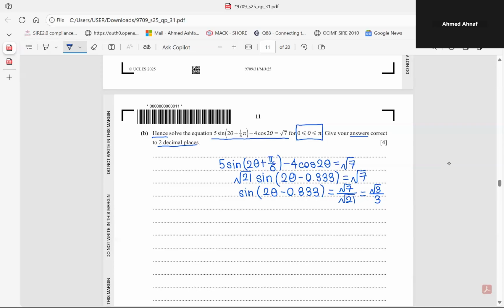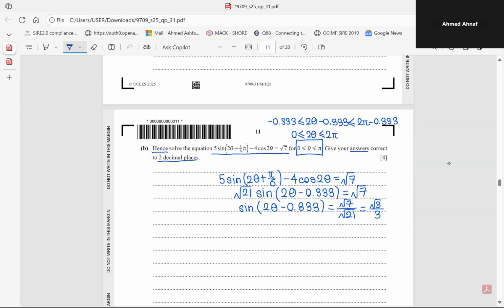First of all, we multiply by 2, so this would be between 0 and 2π. Now we subtract 0.33, so this would be between −0.33 and 2π − 0.33. For simplicity's sake, I like to convert all this to degrees so that I can better visualize.